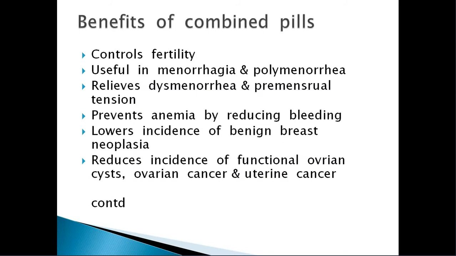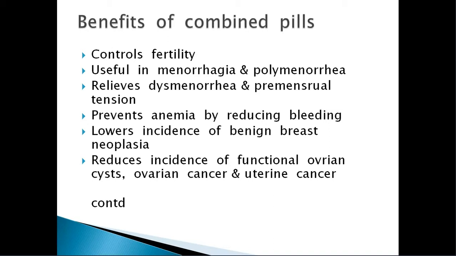Now, these combined OC pills not only prevent pregnancy, they also have other benefits, which are made use of in treating certain diseases and conditions in the woman. So what are all the benefits of these combined pills? One, it controls fertility. Second, it is useful in menorrhagia and polymenorrhea.